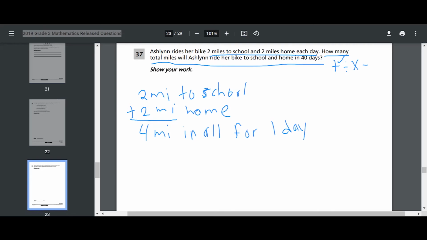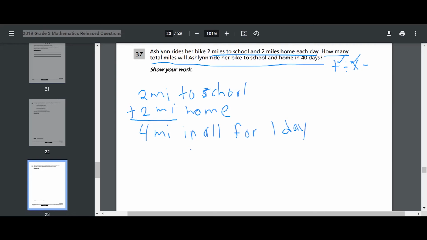Now we're being asked how many miles Ashley rides her bike in 40 days. Therefore, we are going to use the multiplication operation to continue this problem.